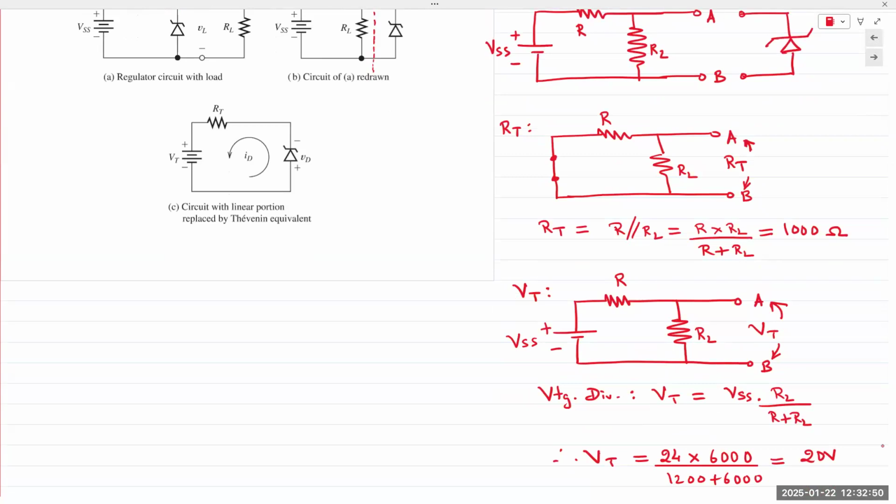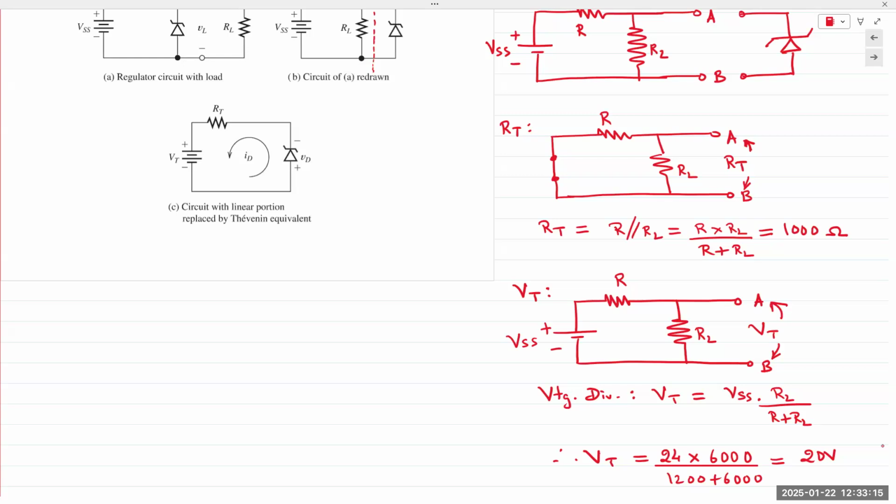If either one of them changes, then VT changes. And if that VT is less than the Zener diode voltage, it's not going to turn on. That's why in design problems, the values of R and RL are critical. There is a range of values for both RL and R, minimum and maximum values.